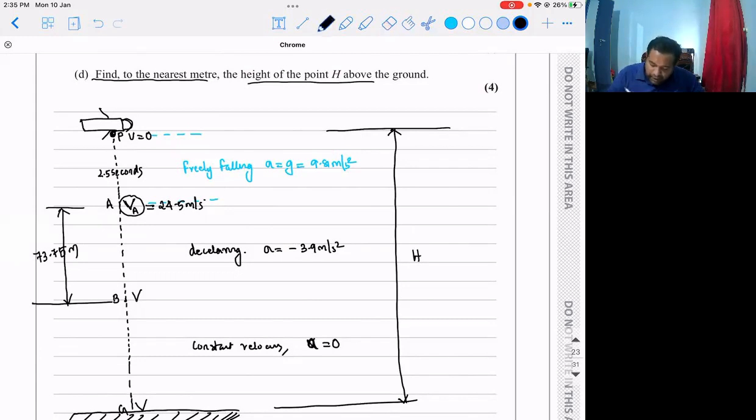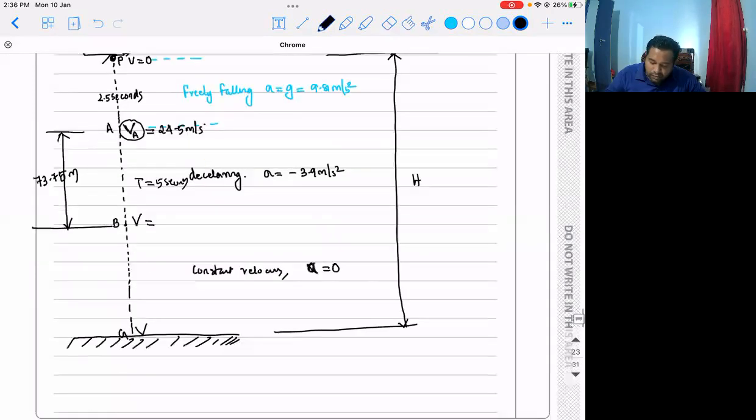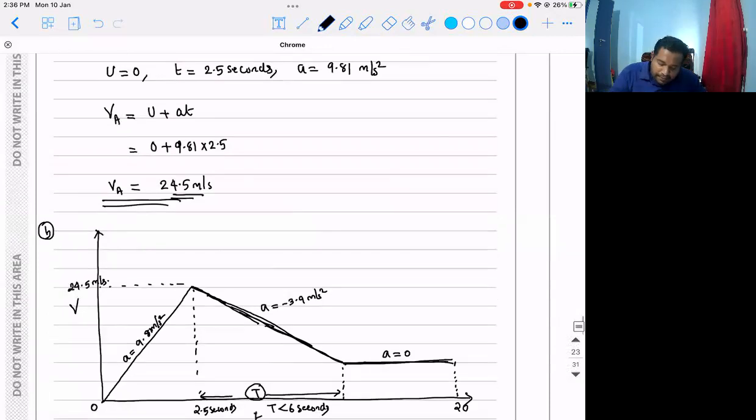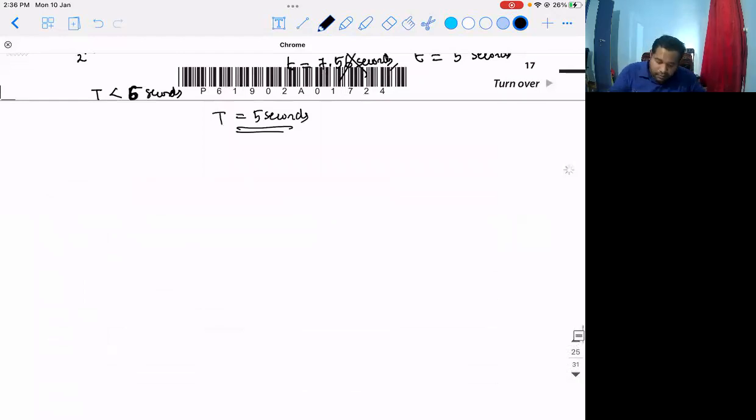We don't know that speed though, but is it possible to find that speed? We can find that speed, right? Anyway, the time we got is 5 seconds. So we need to find the total height, right?